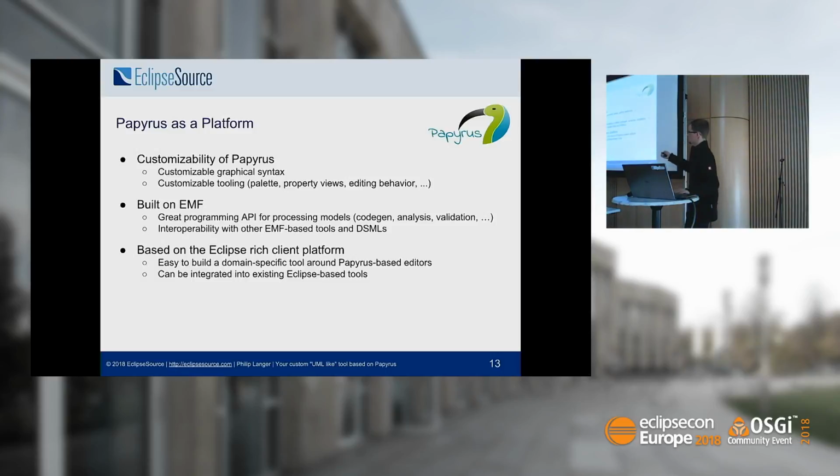So one example here is EMF Compare, a framework for comparing two EMF models. You can, of course, use that with Papyrus too, because Papyrus is also EMF based. And last but not least, what I mentioned before is, since it's based on the rich client platform, it allows you to do all the customizations around the editing, the diagram editor as well, such as, for instance, wizards and specific views and so on.